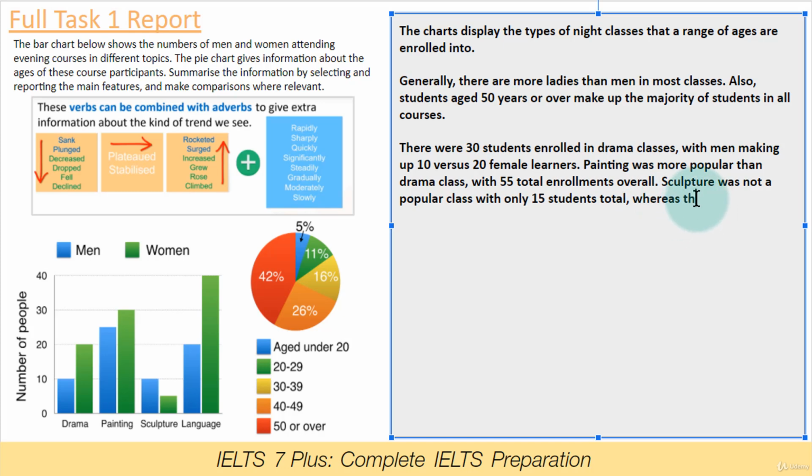Whereas languages was the most popular class, with 20 male and 40 female students each attending these lessons.